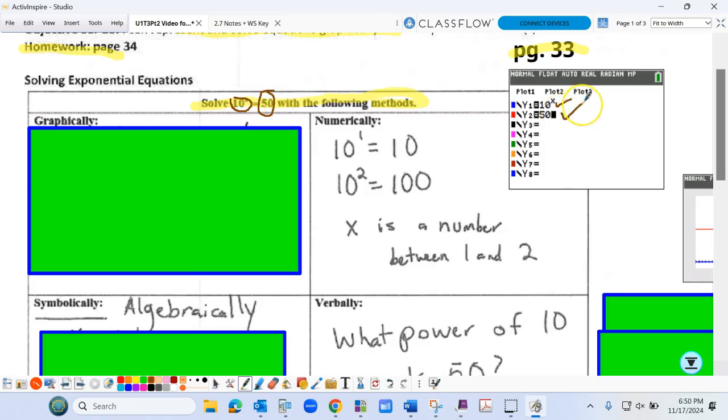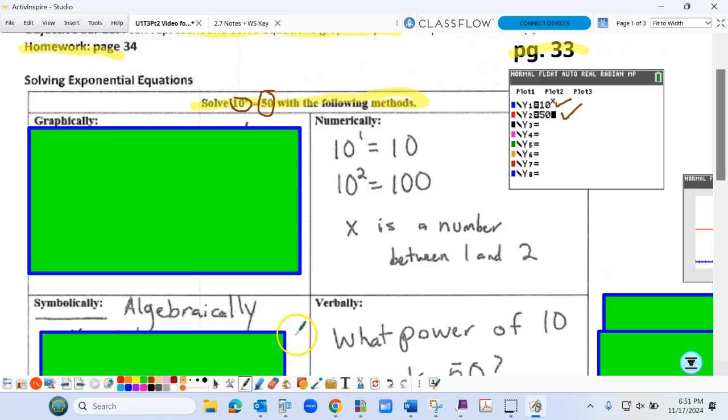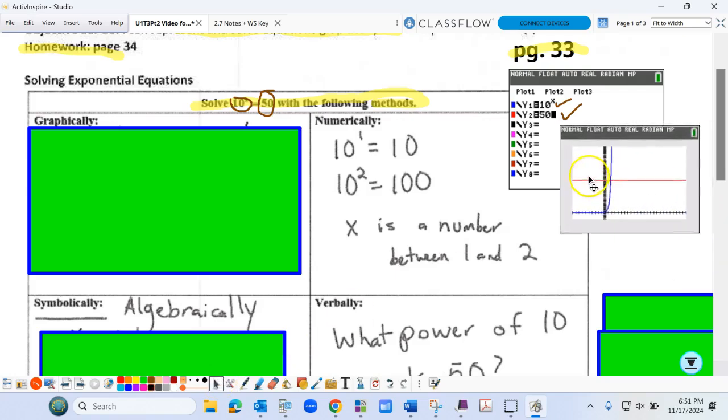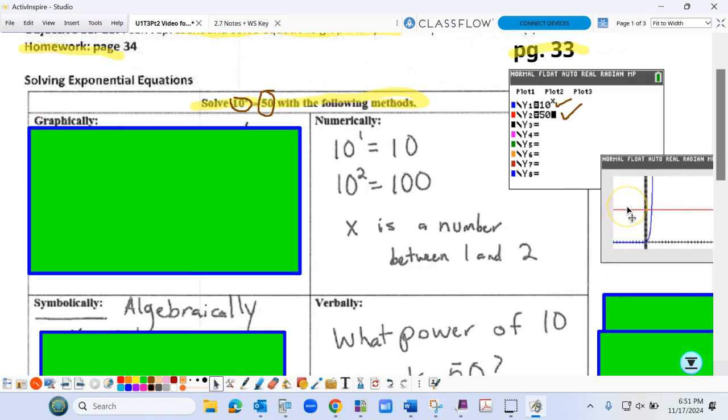That creates a horizontal line, and the curve of the exponential will intersect the horizontal line of 50. It's going to look something like this. This might actually be the graph of the problem below, but it will still look similar.